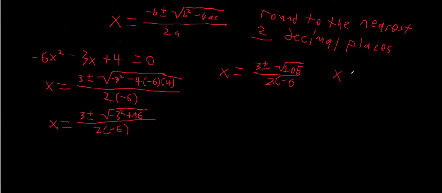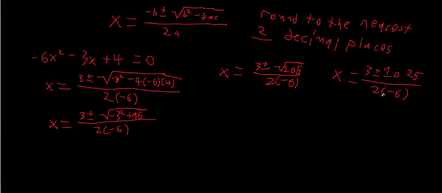So x equals 3 plus or minus 10.25 over 2 times negative 6. Okay. Now we're going to solve this both ways.